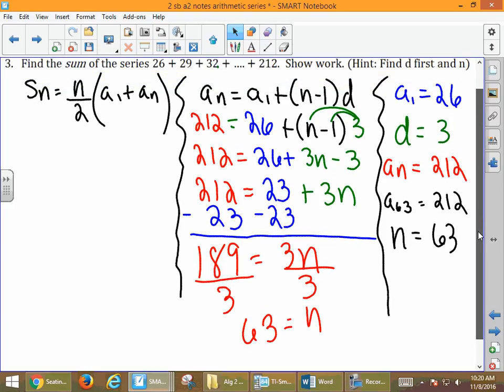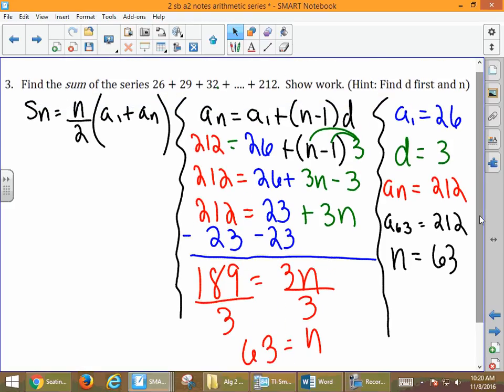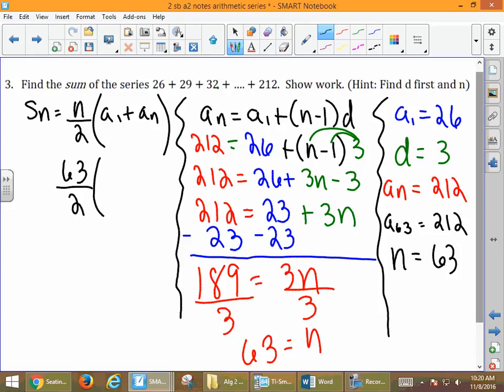So now, I just got n equals 63. Now we can go back over there and we can fill in the rest of it, because we needed to know that value. 63 divided by 2. We already knew the other parts. We knew our a sub 1 is 26, and our a sub n is 212.